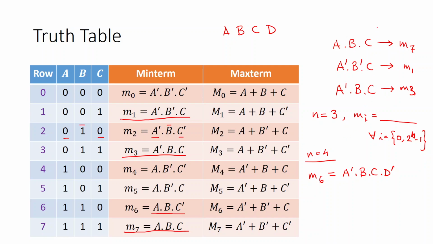Previously your m6 would be A, B, C dash. Now it becomes A dashed, B, C, D dashed. So it depends very much on the number of input variables. Be careful about it.